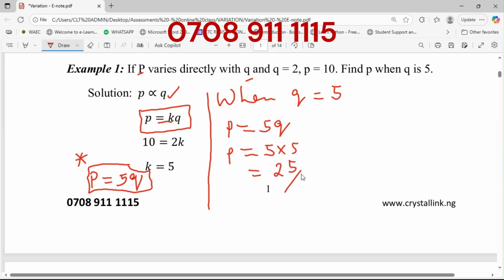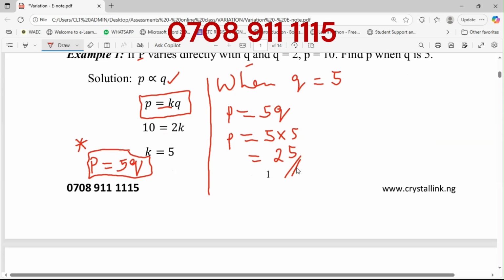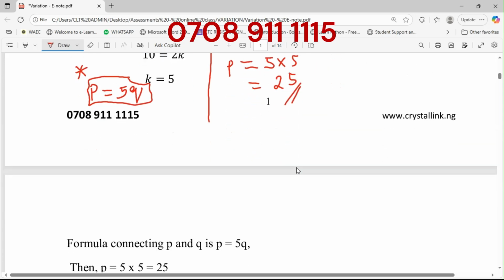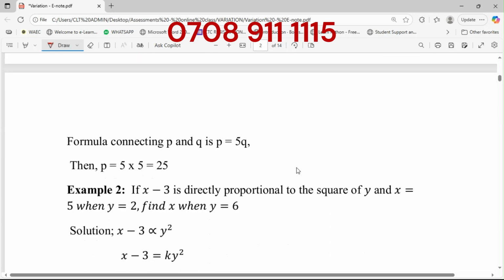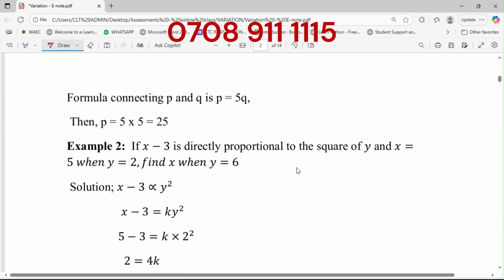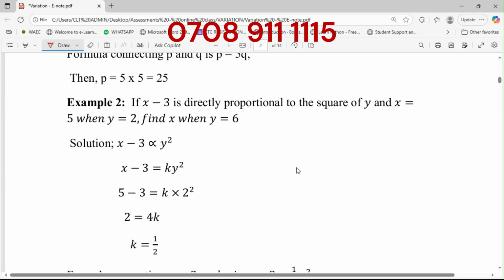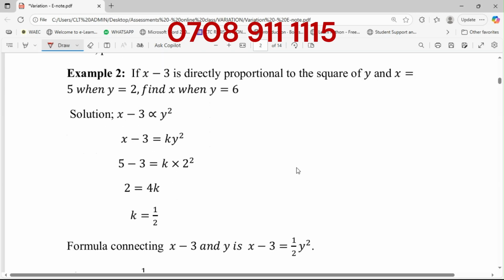This is how you solve problems on variation. So let's look at more examples. Let's look at example 2. It says, if x minus 3 is directly proportional to the square of y.